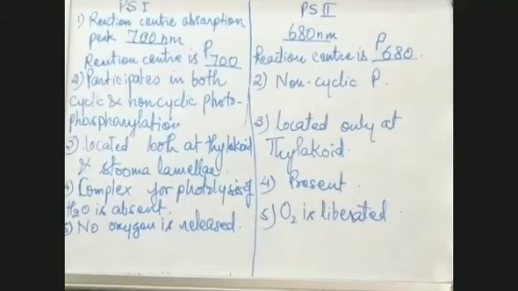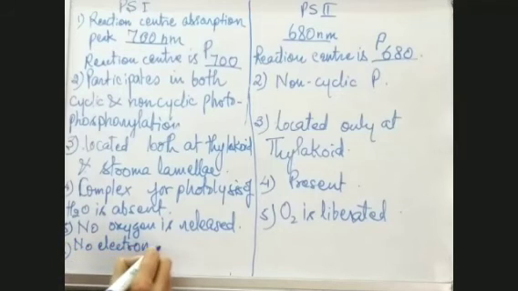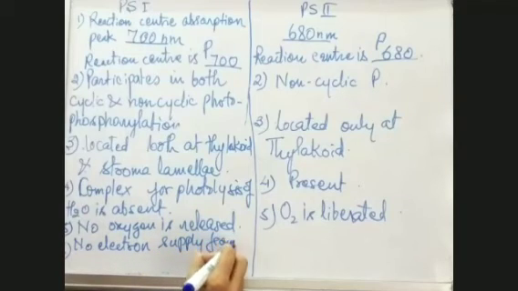The next point of difference between the two is that in PS1 the electron, after exciting, comes back to the same reaction center. So there is no electron supply from any outer resource.